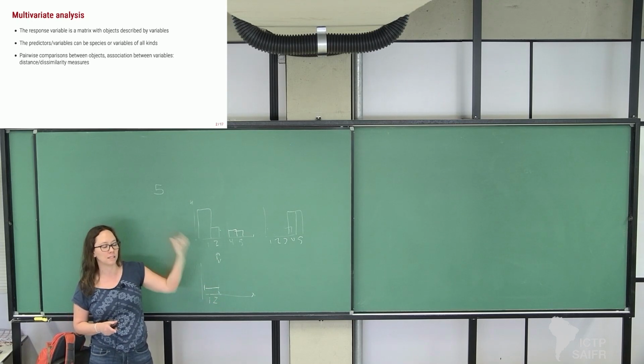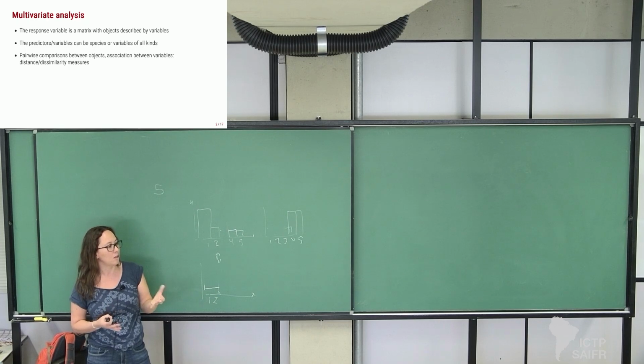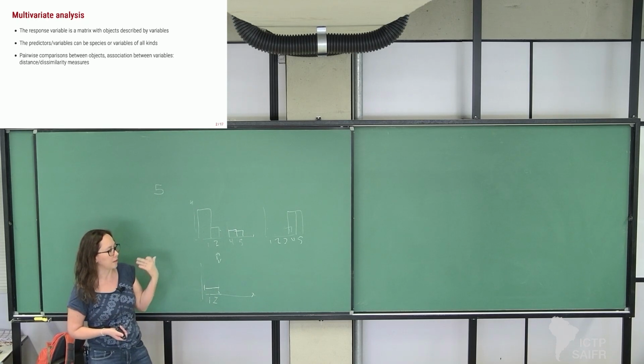So lots of distances are not geometrically thought, but in terms of sharing species and sharing absences.